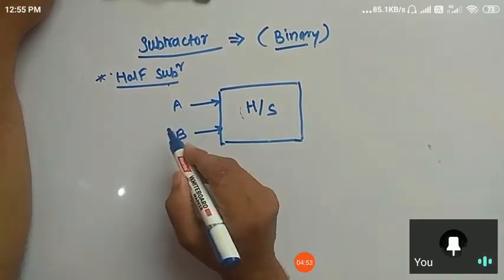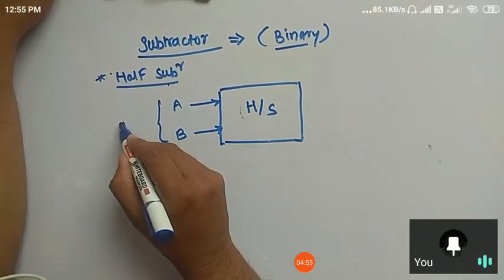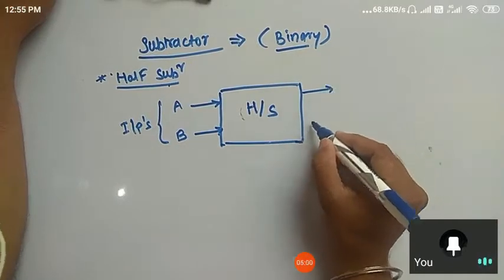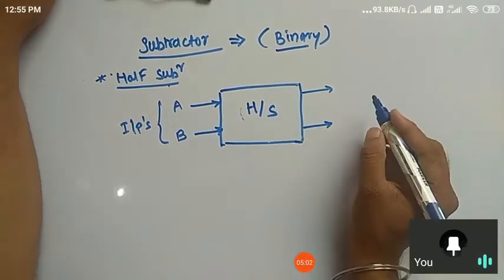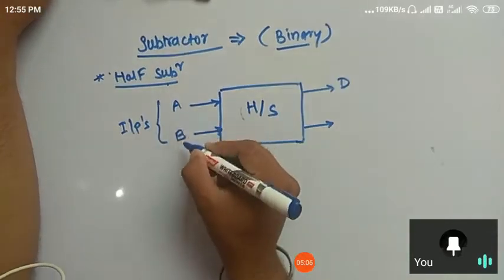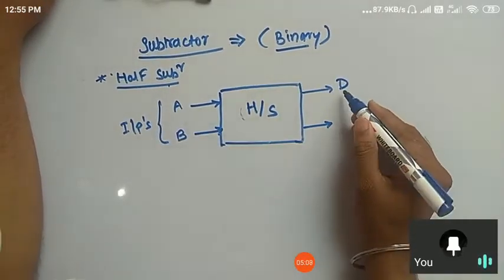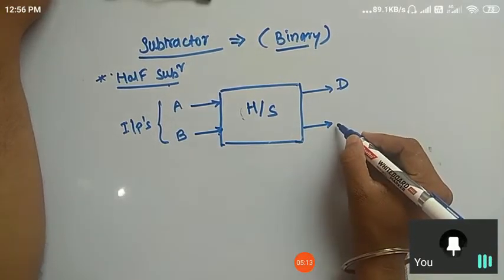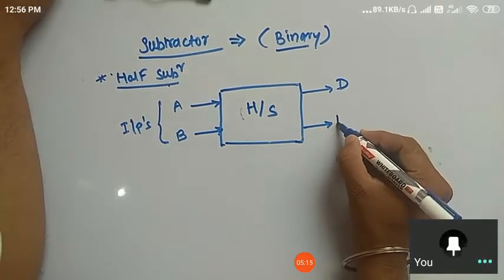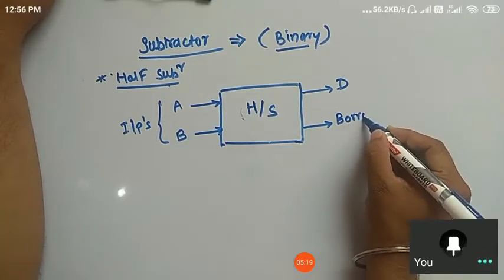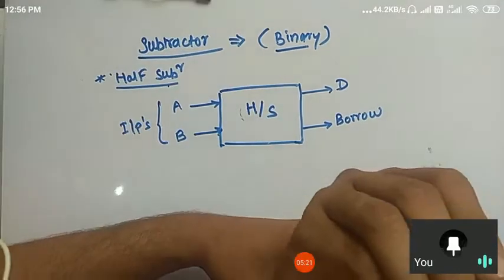Suppose this is A and B, these are the inputs, that is binary digits, and it provides, obviously, the result of subtraction. What is the difference between these two binary bits? That will be the result. And if there is a carry, here what we mean by carry is nothing but borrow. Am I right? Is it clear to all of you?